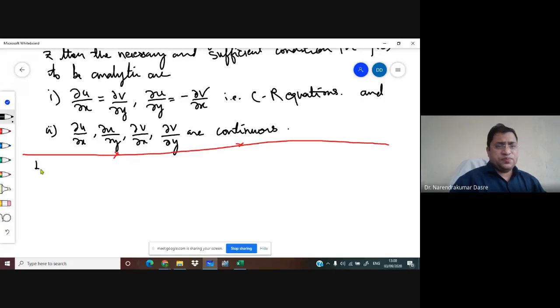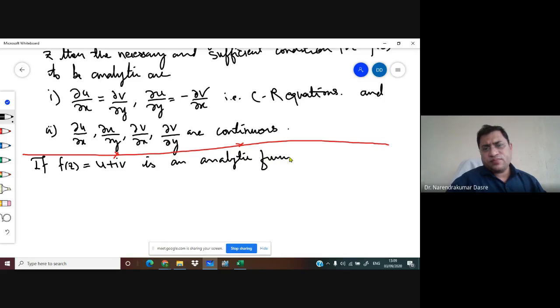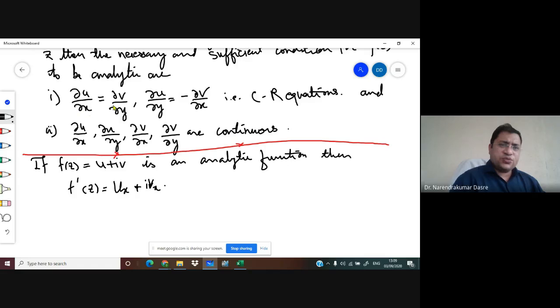If f of z is equal to u plus iv is an analytic function, then f dash of z is equal to ux plus ivx. Or using these CR equations, we can write four different forms of this f dash of z.